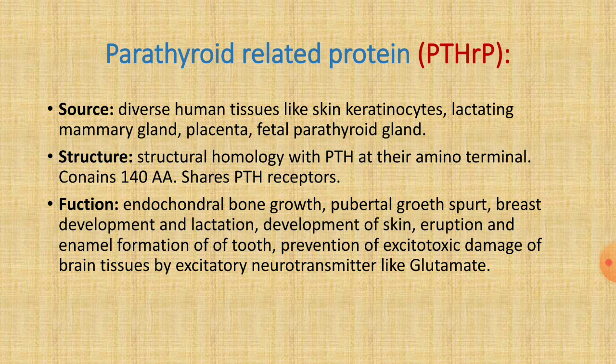It prevents toxic effects on neuronal tissues of the brain by excitatory damage of neurotransmitters like glutamate. Persistent excitatory damage by glutamate is prevented by PTH-RP. And in pathological situations like cancer-induced hypercalcemia, it has been found to occur due to mediation of PTH-RP. So nothing more about PTH-RP. This much is enough for you.